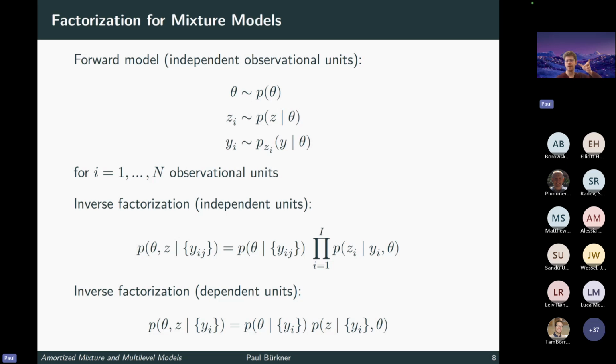At the start, I would have first learned the Zi based on all the data, and then I would have learned the theta based on the Zi. But the advantage of the factorization that I'm showing here, and I will show this in a bit, is that we can design very nice neural architectures to estimate these posterior components well, in a way that amortizes not only over the number of observations within the units, but also over the observational units.